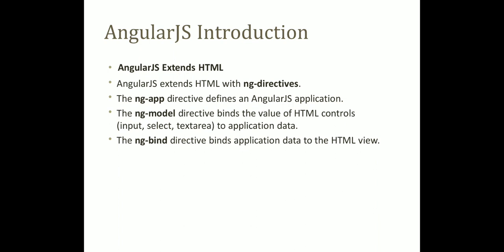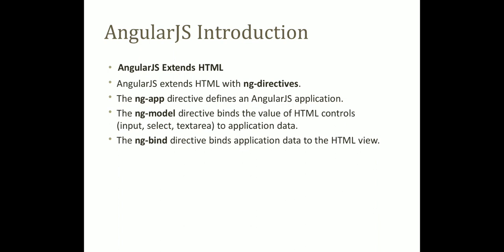The ng is for Angular. So Angular directives are written as ng directives. Basically AngularJS is made up of ng directives, ng expressions, ng-app, ng-model and ng-bind. We'll see how these ng things actually work in HTML or AngularJS.